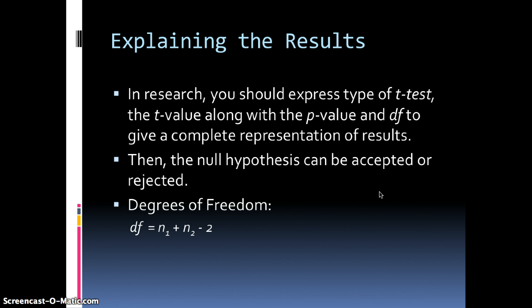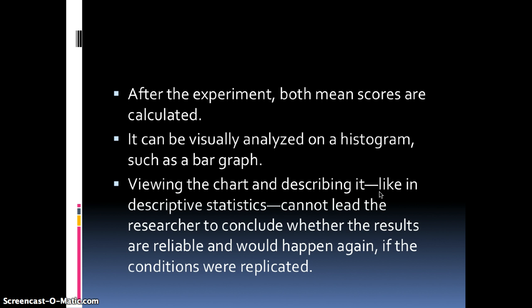And the degree of freedom is the size of population group 1 plus the size of population group 2 minus 2. In other words, you take 1 away from each group. After the experiment, both mean scores are calculated. You can visually analyze this on a histogram, like a bar graph.